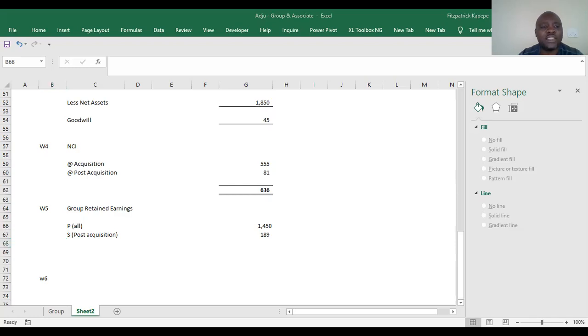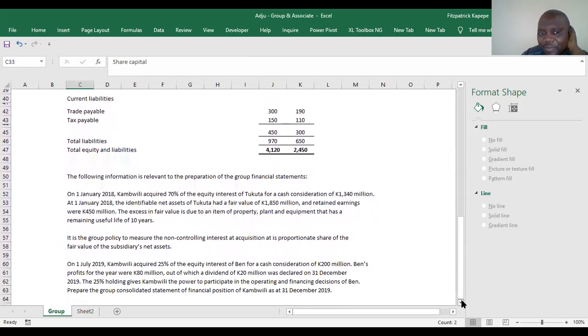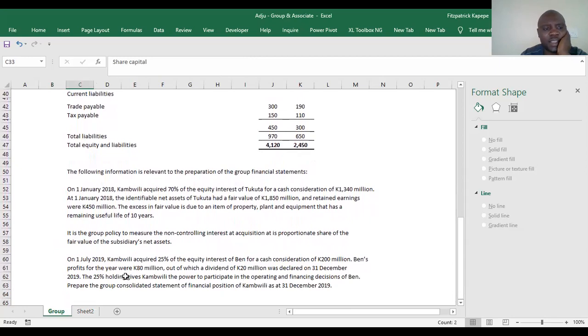That is what we need to calculate, which will definitely come from working 6. So when we go to this question, it shows how much profits were there. On 1st July 2019, Kambili acquired 25% of the equity interest of Ben for a cash consideration of 200 million. Ben's profits for the year were 80 million.